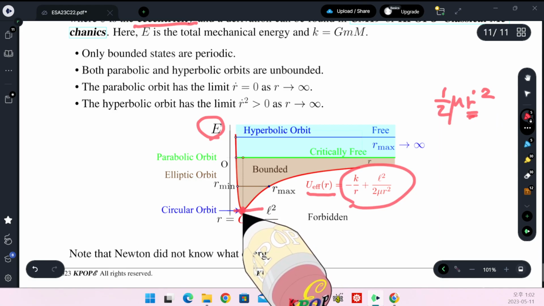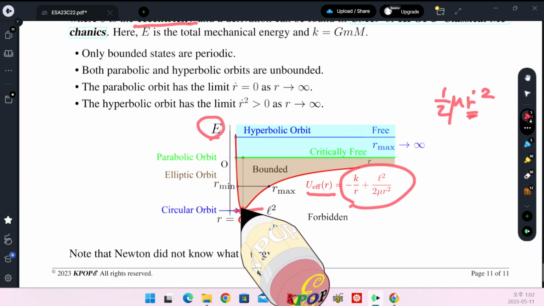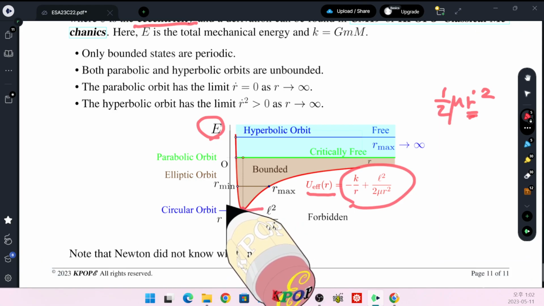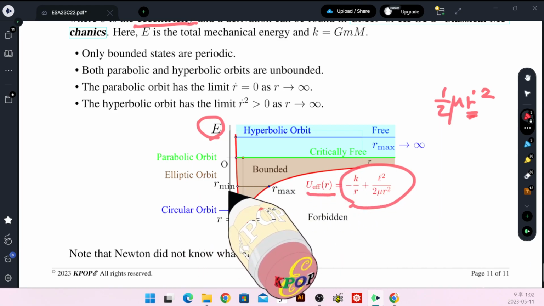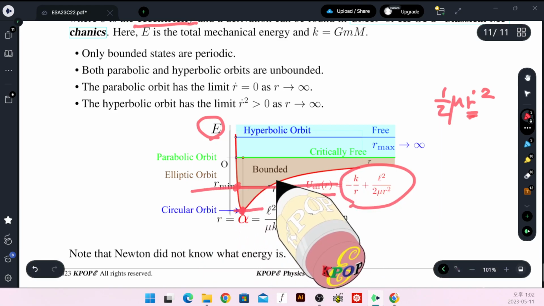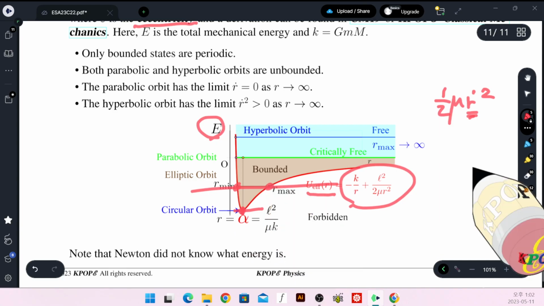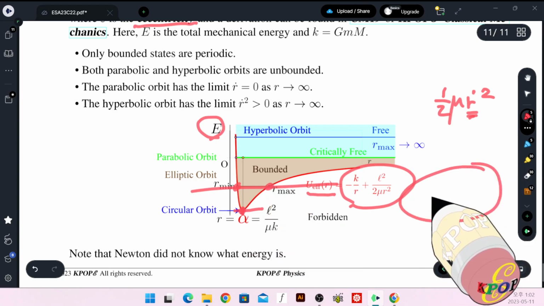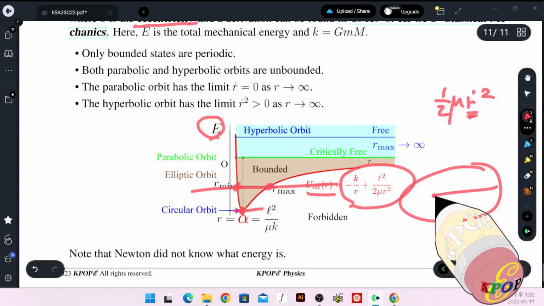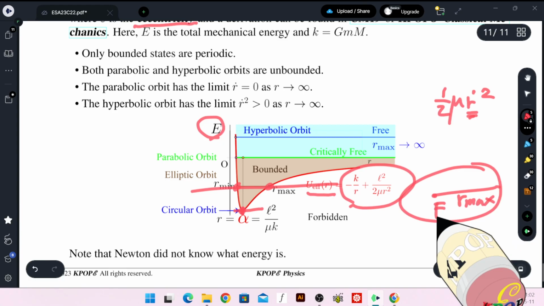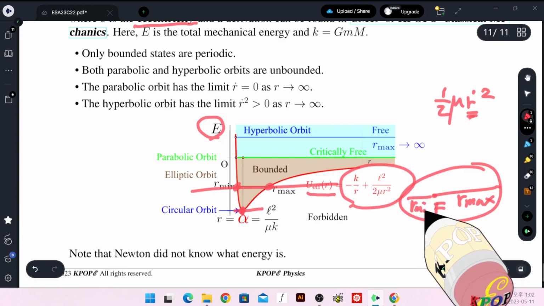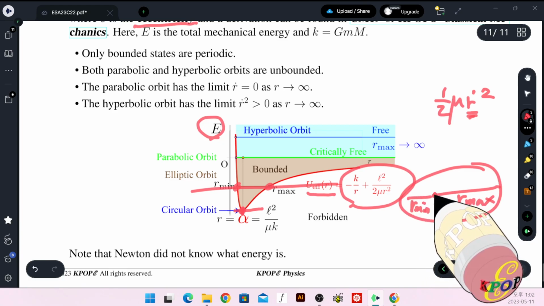R is a constant. That is a circle. If you increase the energy of the planet, you will find a minimum and maximum. This minimum and maximum show R max and R min from a focus.